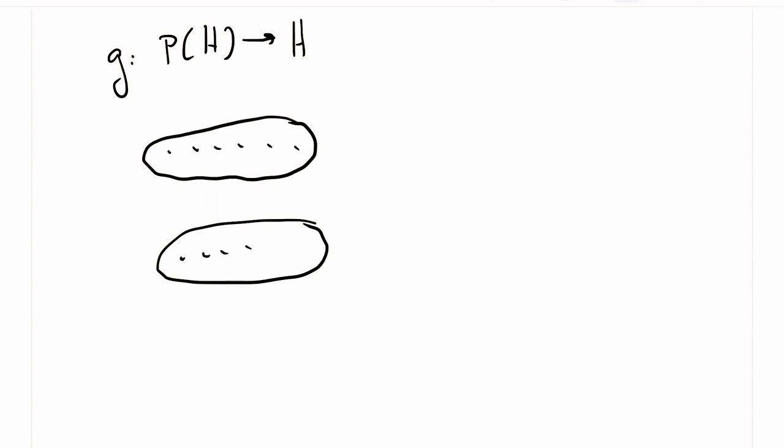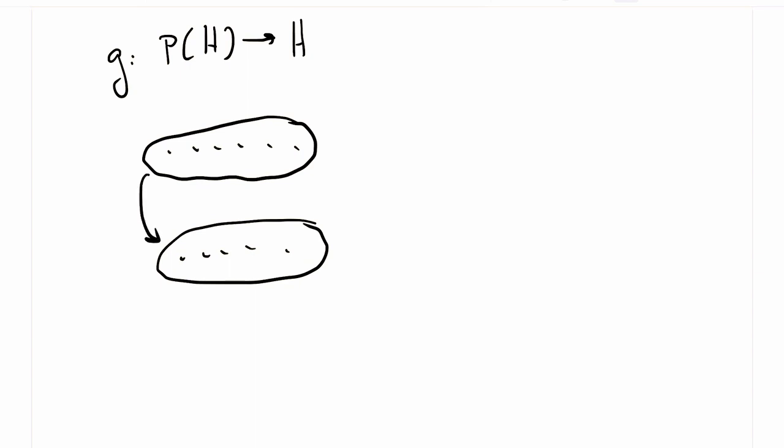We have to show that if there's an edge between two such bags, vertices of P of H, then G will map the two bags to two vertices of H that form an edge in H. What does it mean that there is an edge between these two bags?